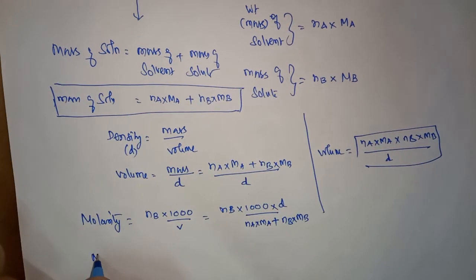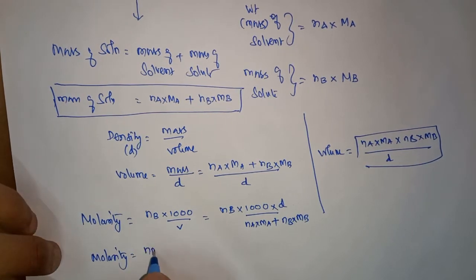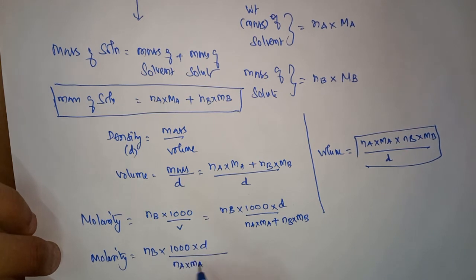So what is molarity? Molarity is equal to Nb into 1000 into D, whole divided by Na into Ma plus Nb into Mb.